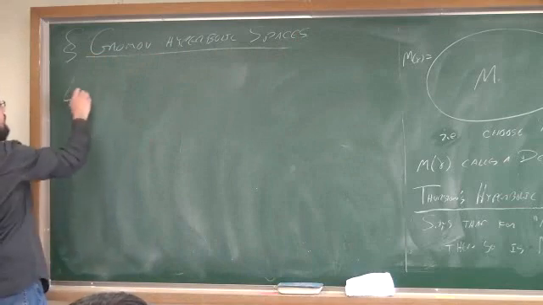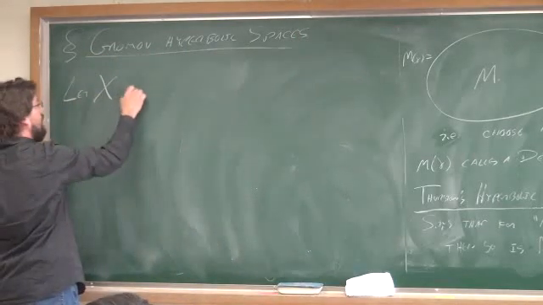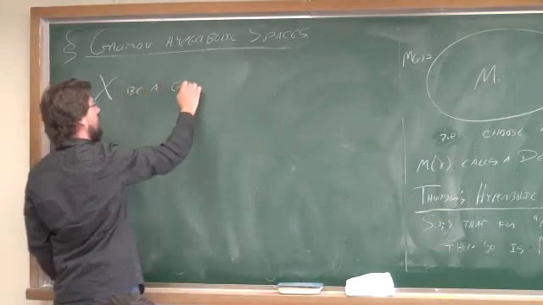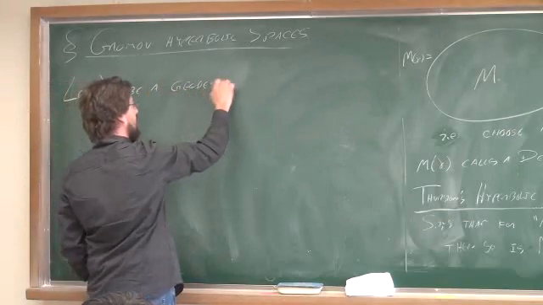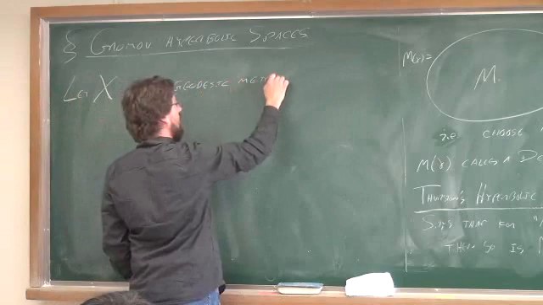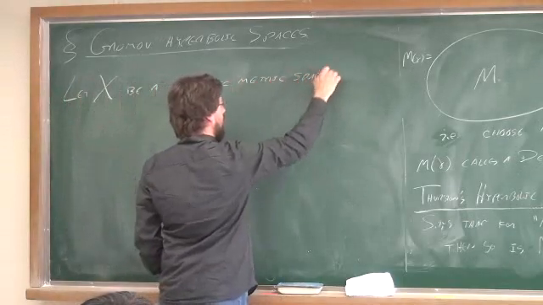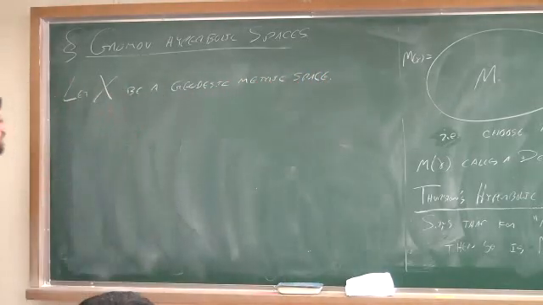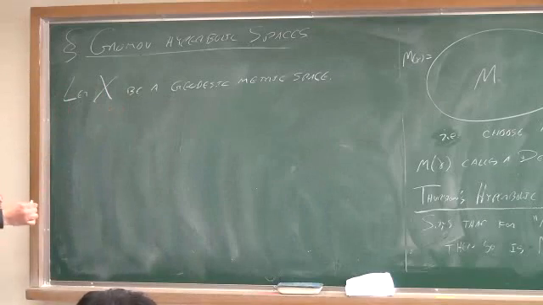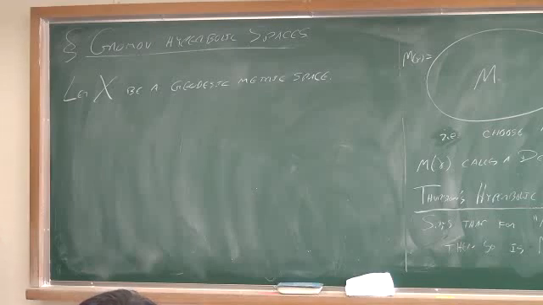Let X be a geodesic metric space. And by that I just mean that you can measure distances between points by taking the lengths of paths that go between them, and the distance is the infimum of those lengths, and that infimum is realized by some path, and that's called a geodesic.